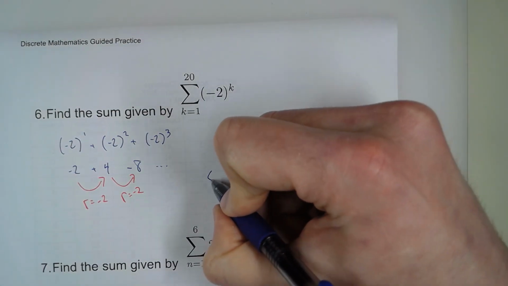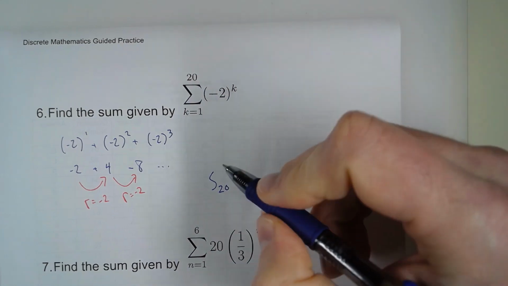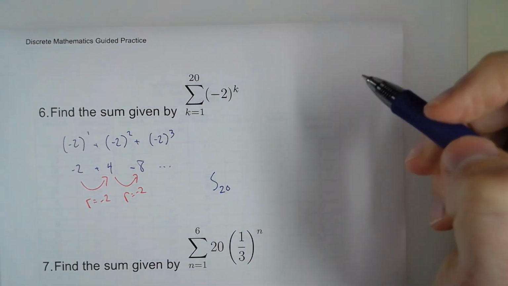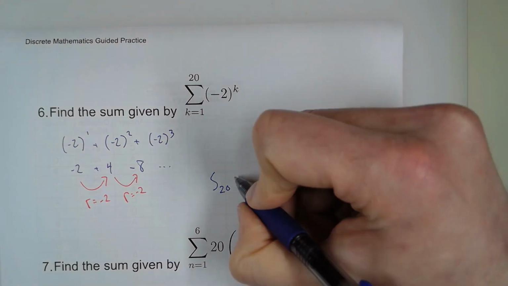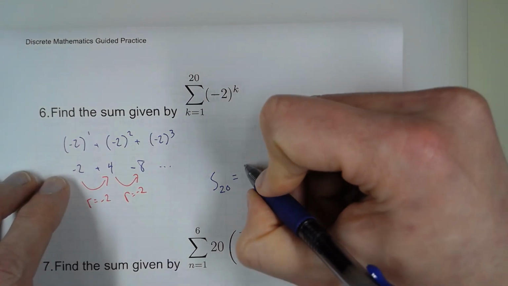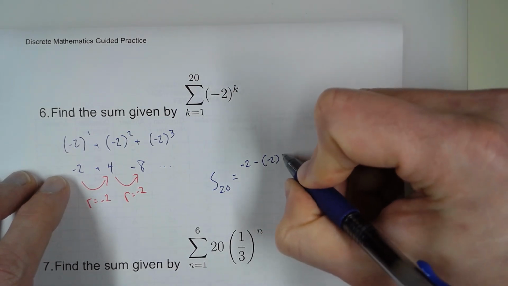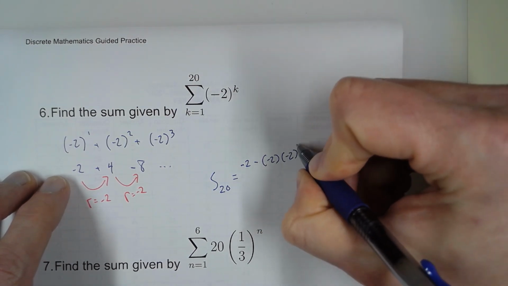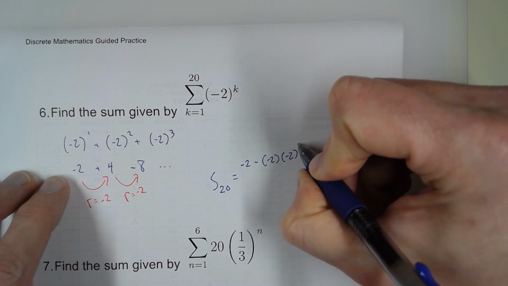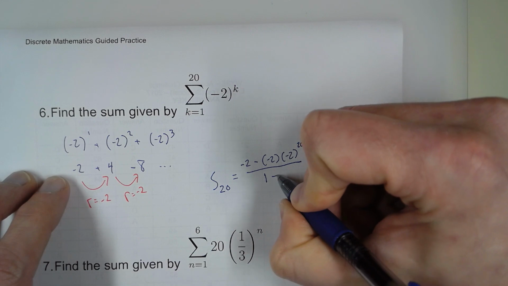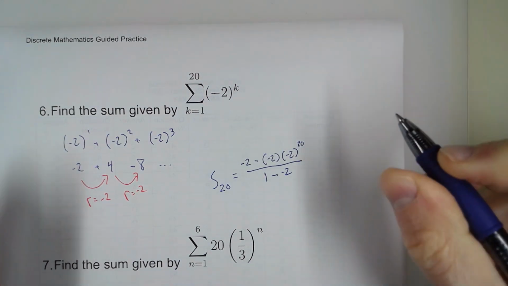And so in order to find the total of these 20 terms, because that's how many terms there are going to be if I plug in 1 and end at 20, I need the first term, negative 2, minus the first term times the common ratio to the nth power, where n is the number of terms, all over 1 minus the common ratio.